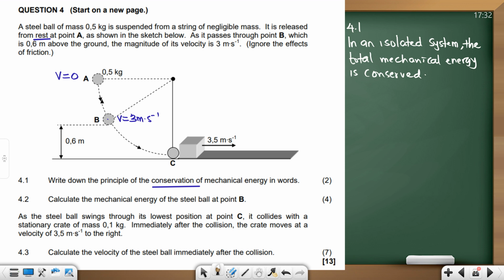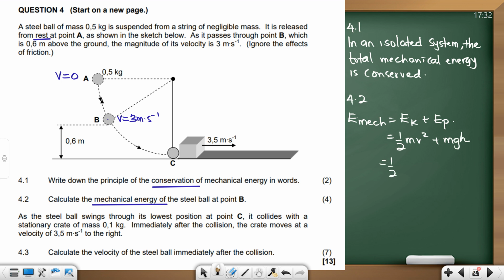Guys, look at 4.2. Calculate the mechanical energy at point B. What is the formula for mechanical energy? 4.2. E mech is equal to the sum of kinetic and potential, half mv squared plus mgh.